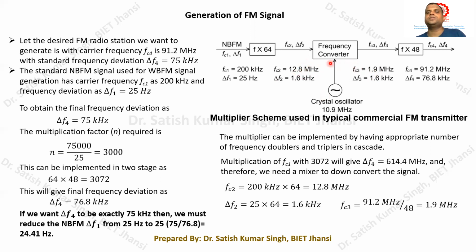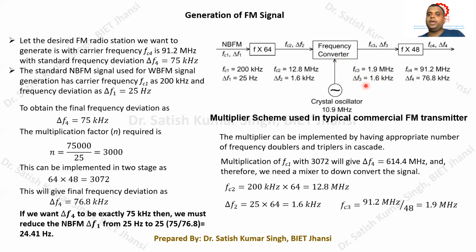This frequency converter will only change the carrier frequency. It is not going to change the frequency deviation. The frequency deviation we have got is equal to 1.6 kilohertz, so it will remain 1.6 kilohertz even after passing through the frequency converter or the mixer stage.